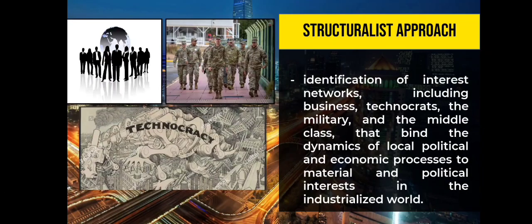Additionally, one of the key concepts that distinguishes the historical structural version of dependency theory from previous ones is the identification of interest networks, including business, technocrats, the military, and the middle class, that bind the dynamics of local political and economic processes to material and political interest in the industrialized world.